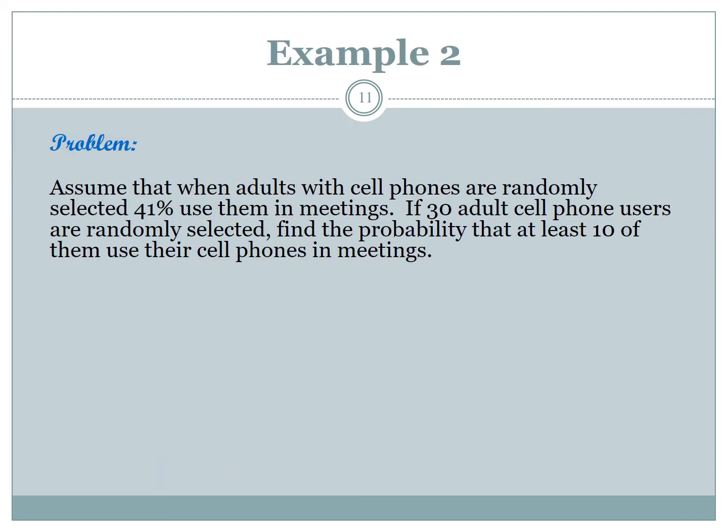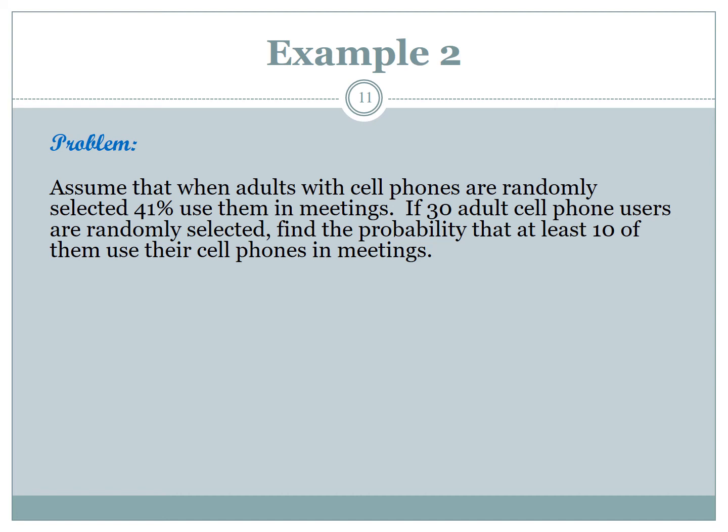So let's do another problem. Assume that when adults with cell phones are randomly selected, same problem as before, 41% of them use them in meetings. If 30, that's different from before, it was 20, if 30 adult cell phone users are randomly selected, find the probability that at least 10 of them use their cell phones in meetings.